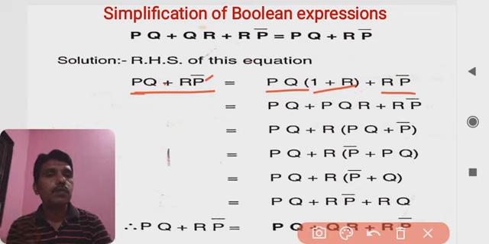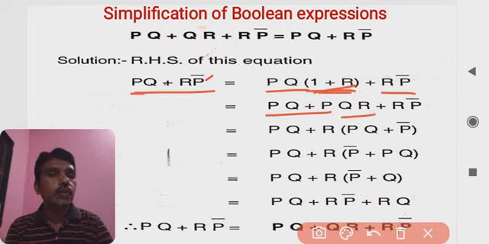That 1 is converted into 1 plus r, which is always 1. Again this pq is multiplied with this term 1 plus r, so pq or pqr will be there, plus r p complement.